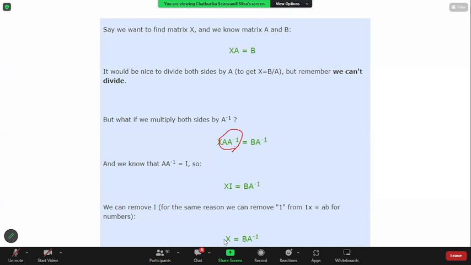It's like in the real number case, when we multiply any number by one. Two multiplied by one is two, 100 multiplied by 1 is 100, and 1000 multiplied by 1 is 1000. In the matrix world also, whenever you multiply any matrix with an identity matrix, that is going to give you that matrix again.